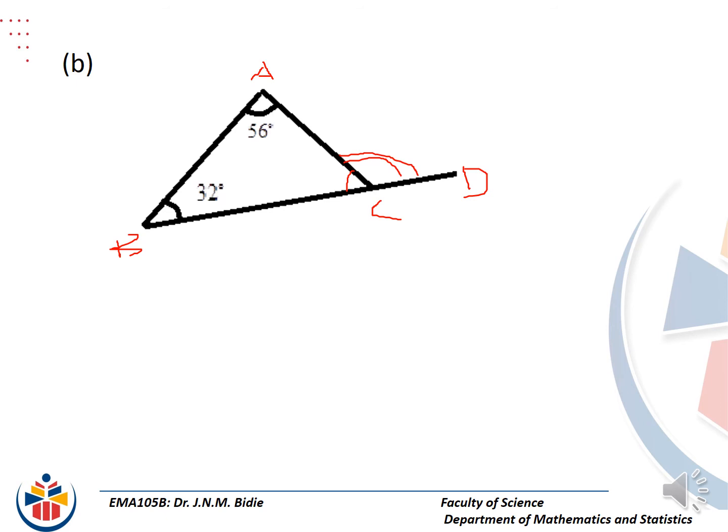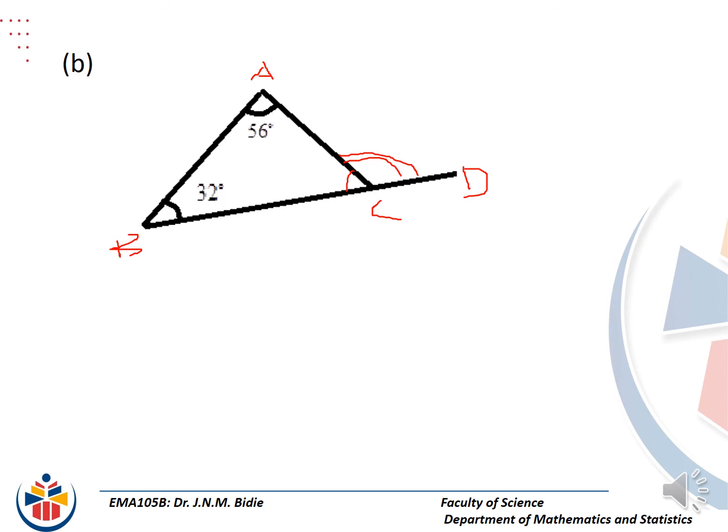Or we can use the fact that an exterior angle of a triangle, that is, angle ACD, is equal to the sum of the two interior opposite angles. So it's just the sum of 56 degrees and 32 degrees. So angle ACD is equal to angle A plus angle B, and you will still get 88 degrees.